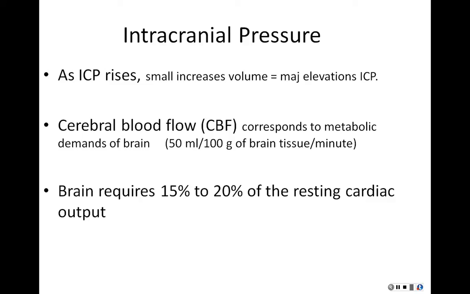So we know that cerebral blood flow has to get all the nutrients, oxygen, glucose, everything to your brain. At resting, our brain needs almost 20% of our cardiac output. So you can imagine when any other thing is going on, it needs much more.